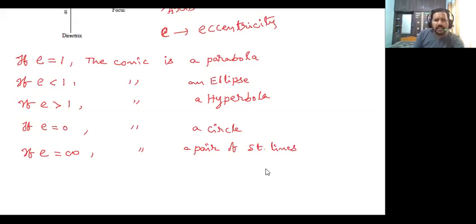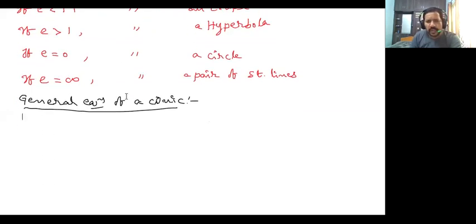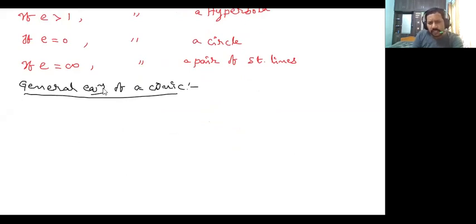Now, how to find the general equation of a conic? They will give you the focus and directrix. Now, see, this is the fixed straight line. This is the axis of the conic.